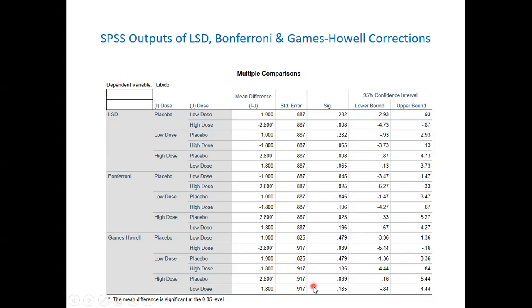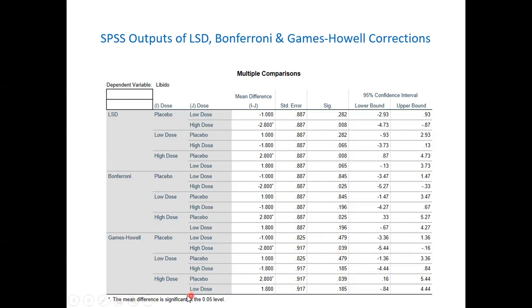So you see Games-Howell lies in between the two. Does it lie between the two? No, it doesn't actually lie between the two. Well, if you look at the other one that was giving us 0.025, it is giving us 0.023, 0.039.